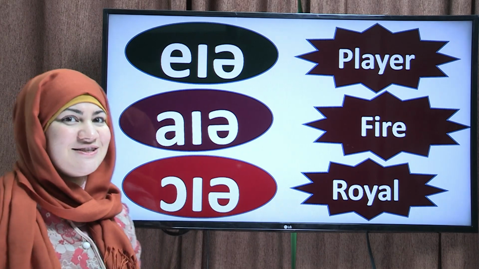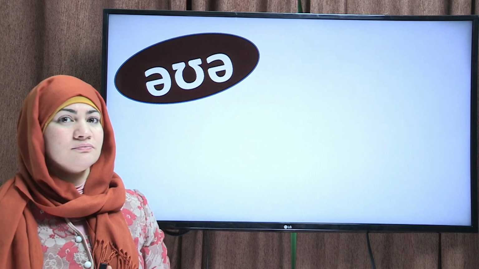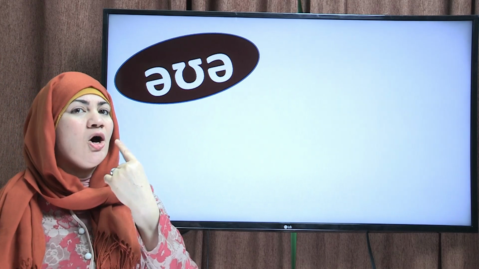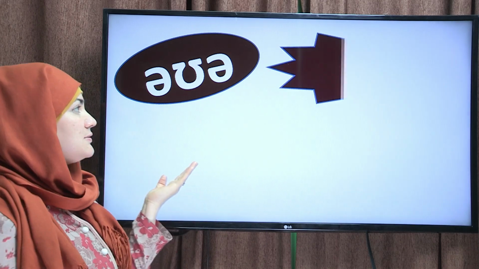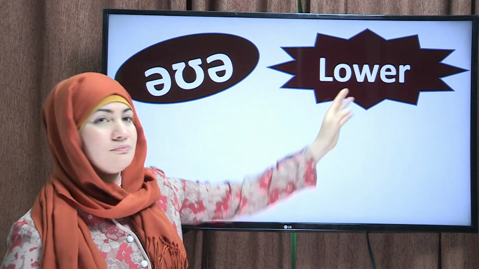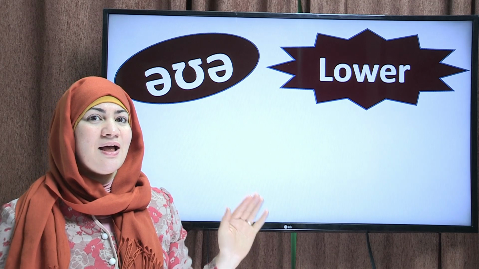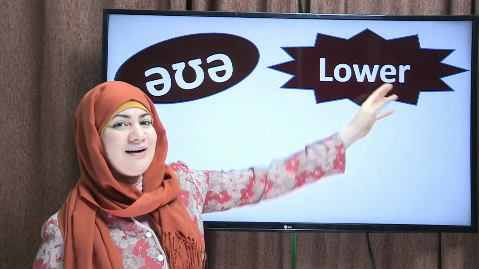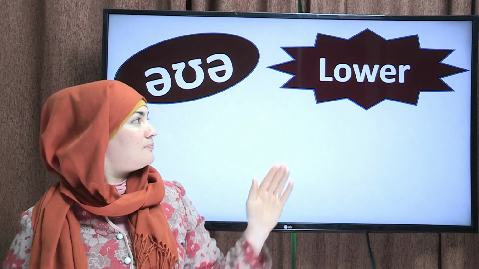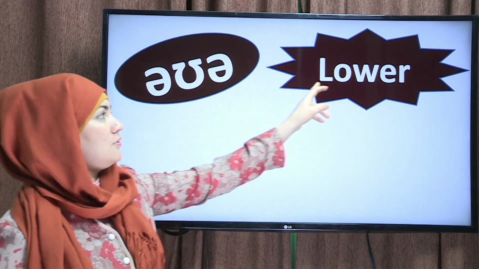Let's see the next ones. We have /aʊə/. We pronounce it as our. The example is lower, W-E-R, lower, our.